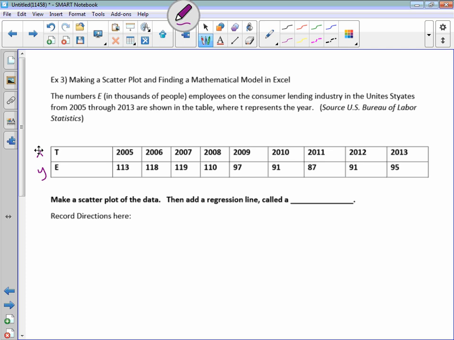All right. I want you to try to enter the data. If we need to, we'll write down the directions again. You're going to try to find your line of best fit, like which regression model do you think would be the best fit for it? So make your scatter plot and then see which regression you think is a good fit. So I'll give you a little bit of time here to try to get your scatter plot done.